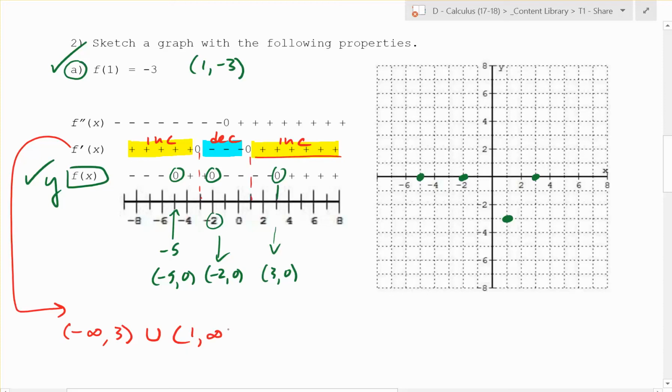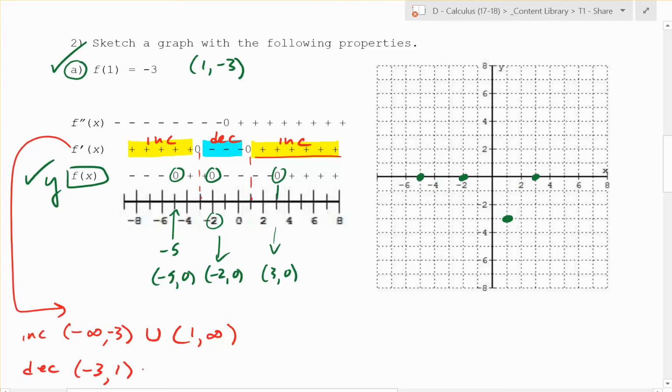You can kind of assume it's going to keep on going like that. And it's going to be decreasing where it's blue, everywhere else, which is from -3 all the way to 1.